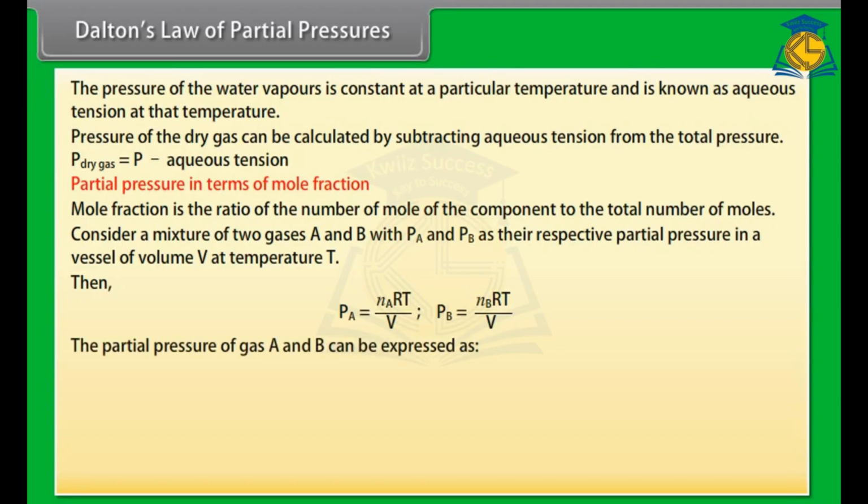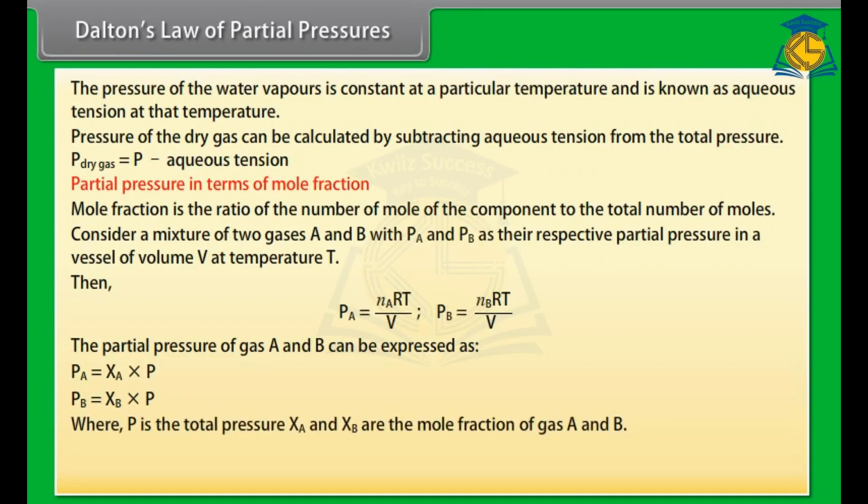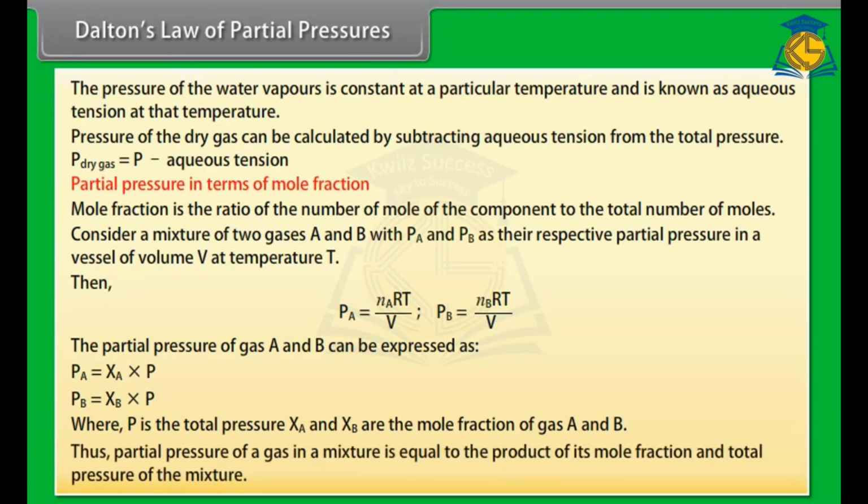The partial pressures of gases A and B can be expressed as PA = XA × P and PB = XB × P, where P is the total pressure, and XA and XB are the mole fractions of gases A and B. Thus, the partial pressure of a gas in a mixture is equal to the product of its mole fraction and the total pressure of the mixture.